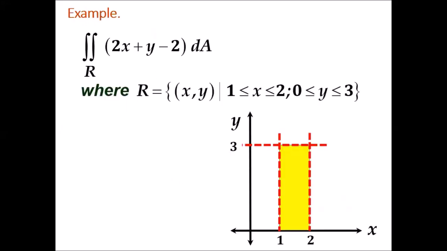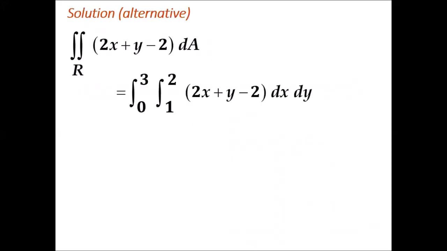Now consider the same example, but this time, try to set dA to dx dy. This time, we set the range of values for x, 1 to 2, as the bounds of the innermost integral, and the range of values for y, 0 to 3, as the bounds for the outer integral.